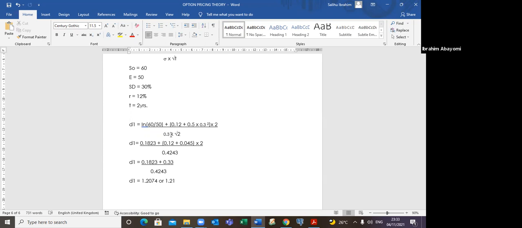So we're now going to compute our D2. D2 will be equal to D1 minus this formula here.